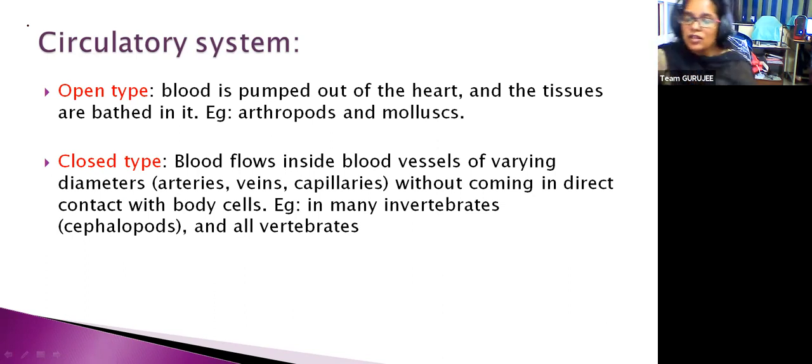These won't have a separate heart, or any arteries, veins, or capillaries. But in the closed type circulatory system, they have arteries, veins, and capillaries. The example is the human.